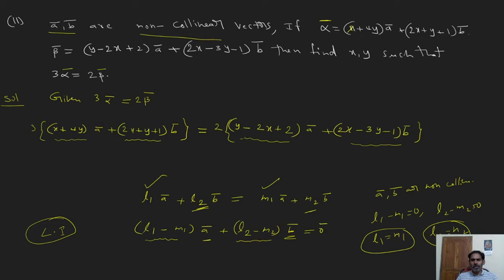This scalar should be 0 into A bar, and similarly this scalar should be 0 into B bar. 0 into A bar is 0 bar, 0 into B bar is 0 bar, 0 bar plus 0 bar is 0 bar. Linearly independent means every term should independently be 0. That's why L1 equals M1 and L2 equals M2. That's why I am writing here one cause.